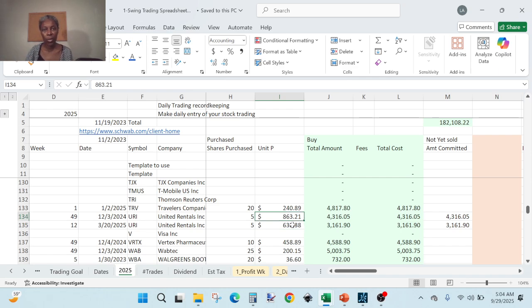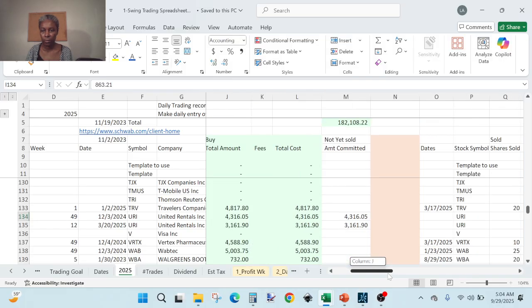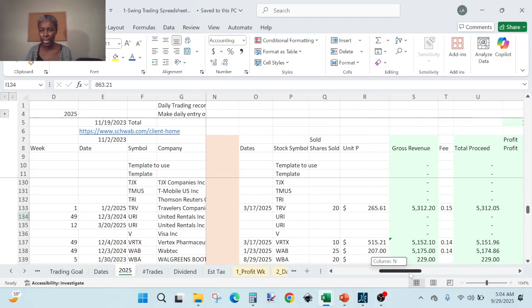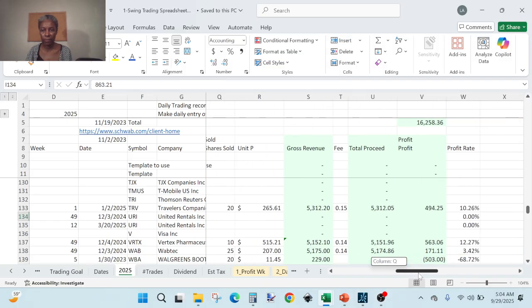But at this point, it's higher than the first purchase. So we have not sold it. That's why the sell area does not have any entry just yet.